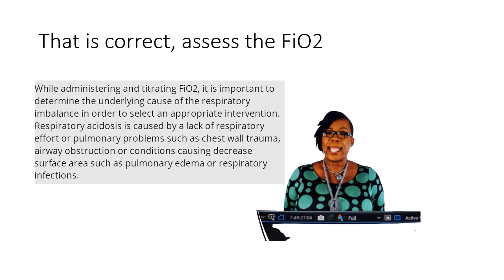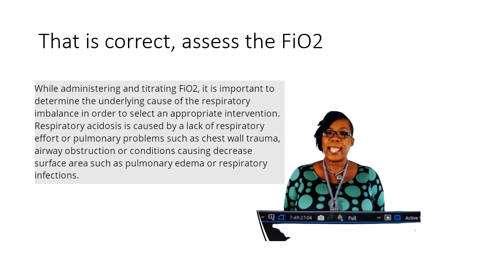So, this is correct. You need to assess the FiO2. While administering and titrating the FiO2, it is important to determine the underlying cause of the respiratory imbalance in order to select an appropriate intervention. What is the cause of this patient's respiratory imbalance?